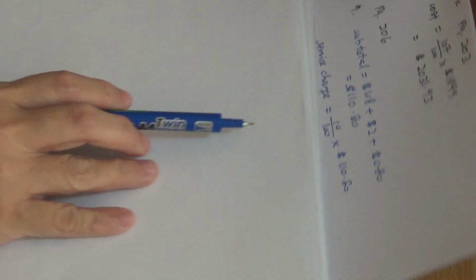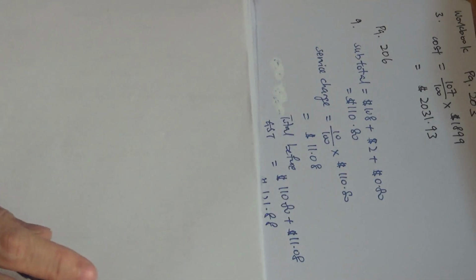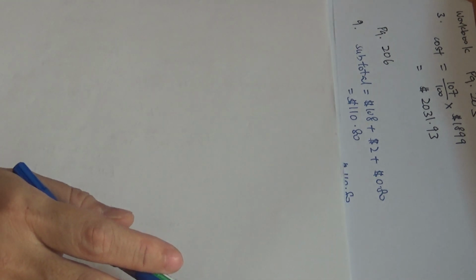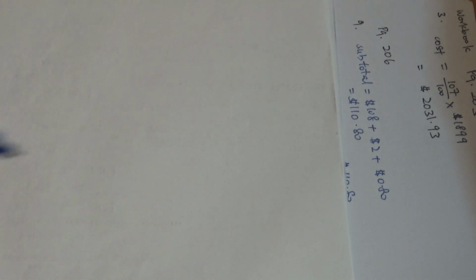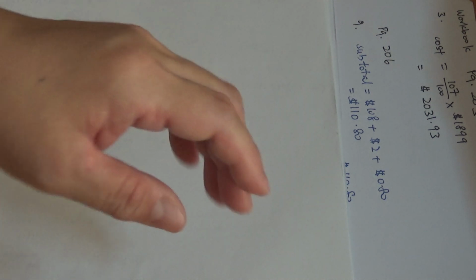Now, page 206. Okay, I am going to show you step by step. Page 206, question number 9. Now they ask you to fill in those values that are blurred or that you cannot see on the receipt.